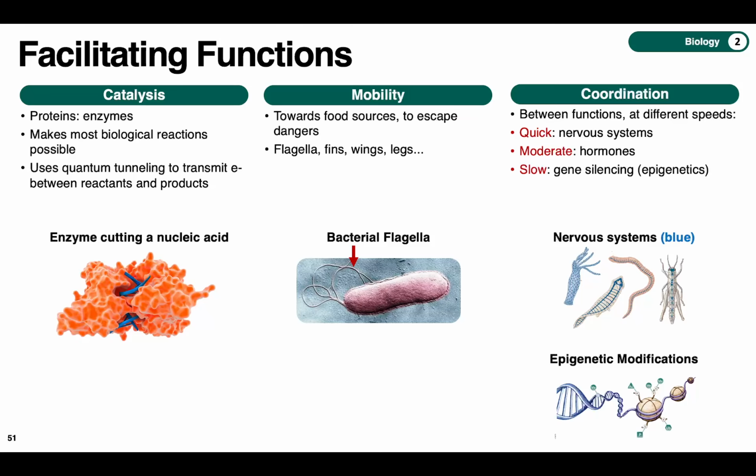And then the other kind of facilitating functioning principle is the coordination of all of these functions. So the coordination of these functions, especially in complex organisms, including plants, they will have multiple mechanisms that vary in duration from quick ones, like electricity-based nervous systems that you see here in blue in those insects and worms, etc., to less quick coordination mechanisms using molecules called hormones that act basically in a chemical way, to even slower coordination using what we call gene silencing or non-silencing at the DNA level in what's called epigenetics.